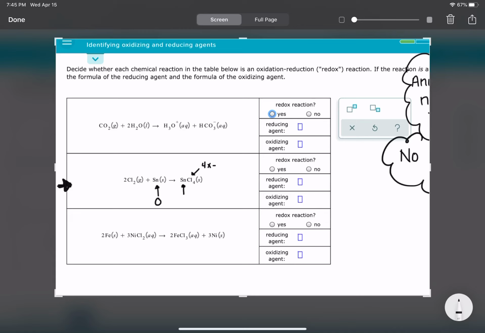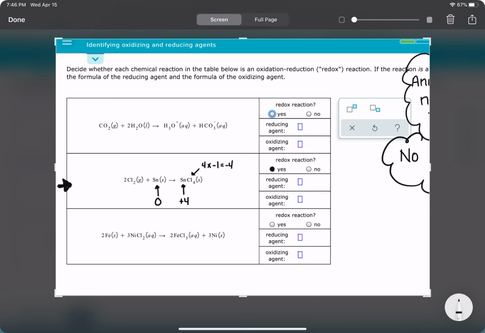Chlorine as an ion is a very common ion with a -1 charge. So all 4 of those chlorines together have a total oxidation number of -4, which means that this tin in this compound has an oxidation number of +4. So since I found something that had a change to its oxidation number, that means that yes, this reaction is a redox reaction. I only have to find one thing.